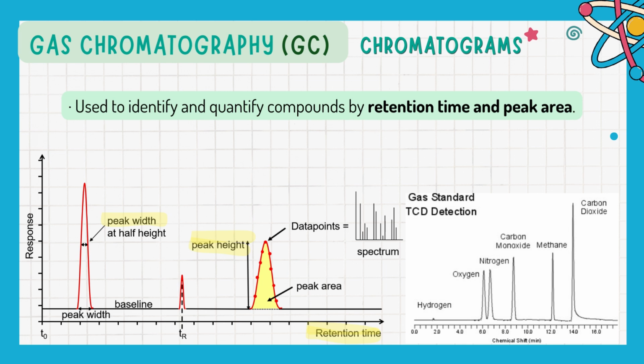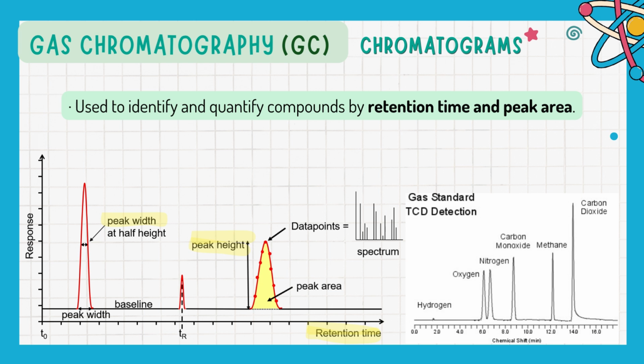And then gas chromatography chromatograms, this is the readout or the printout. So we can see it's used to identify and quantify compounds by retention time and peak area. So the retention time in the x-axis and in the y-axis we have the response. And we can observe the peak width and the peak height.